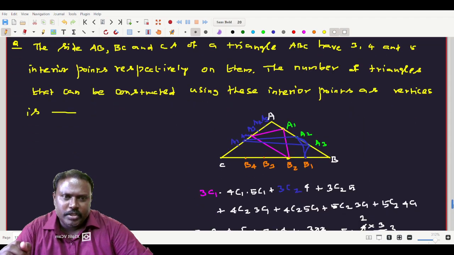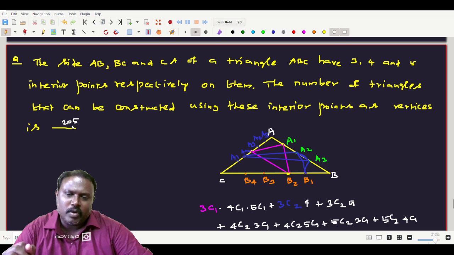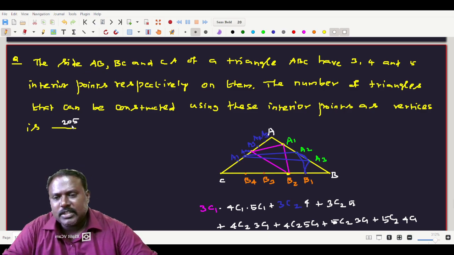So the number of such triangles that can be constructed using these points as interior is 205. So the correct answer to this question is 205.